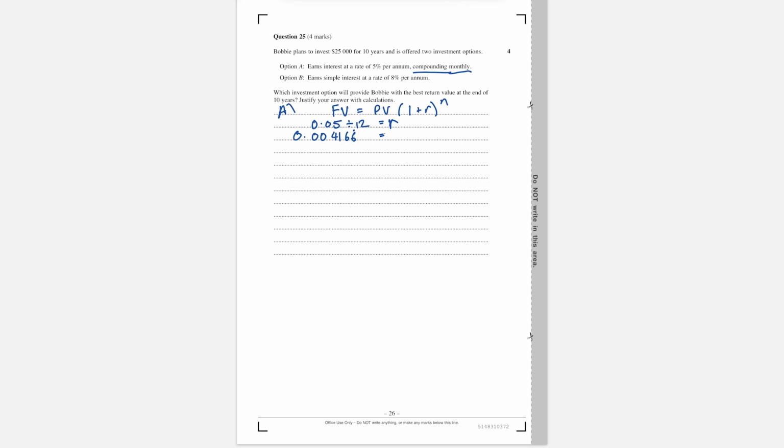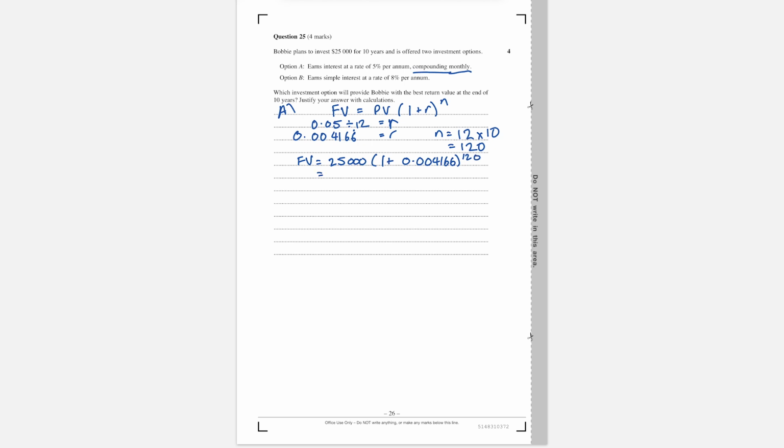And our n is going to be equal to 12 months of the year multiplied by 10 years. So n is going to be 120. Now substituting those values in, we get our final value is equal to our principal value, 25,000, 1 plus 0.004166 to the power of 120.